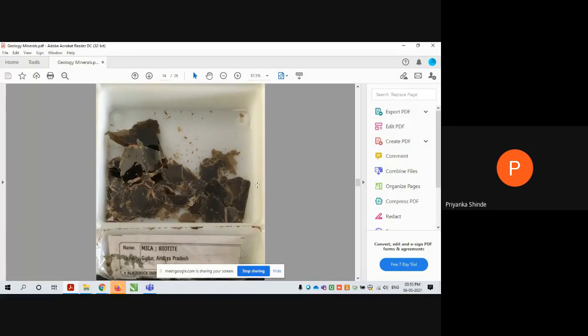Then it is shining, and because of that shine it is used in paints also, the paint industry. Then it is used in furnaces, spark plugs, lubricants. So all these are the uses of mica. Main uses are electrical and electronic appliances.